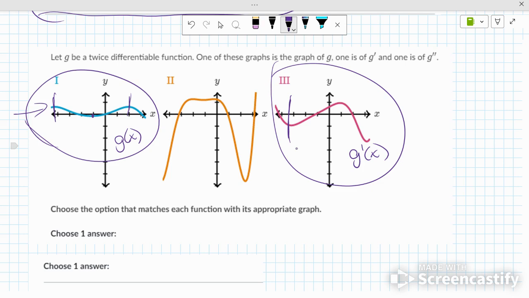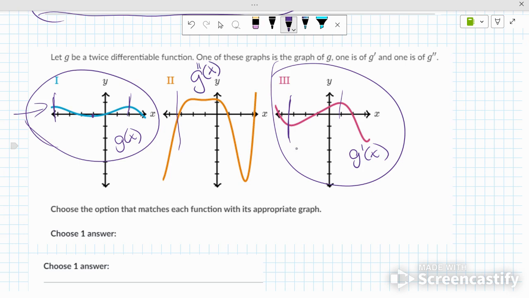Yep, it looks like it. Then it should be above the x-axis from there to there, because that's where it's increasing. Above the x-axis from here to here and below the x-axis. Hey, that worked out. And I just guessed on that one. So this would be the second derivative.